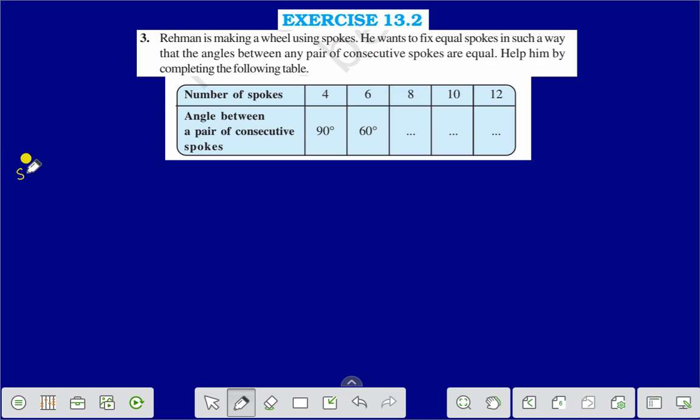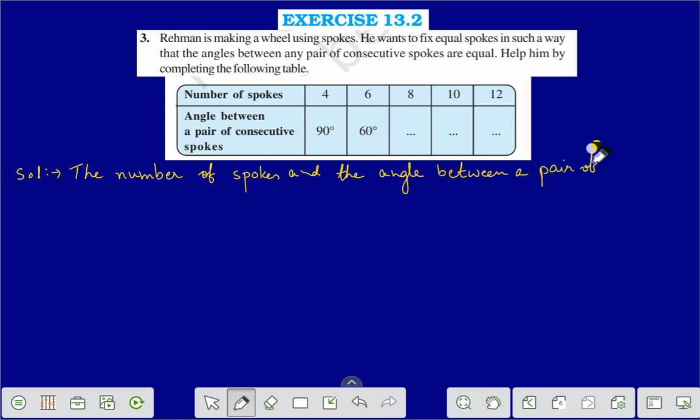You write that the number of spokes and the angle between a pair of consecutive spokes are in inverse proportion.